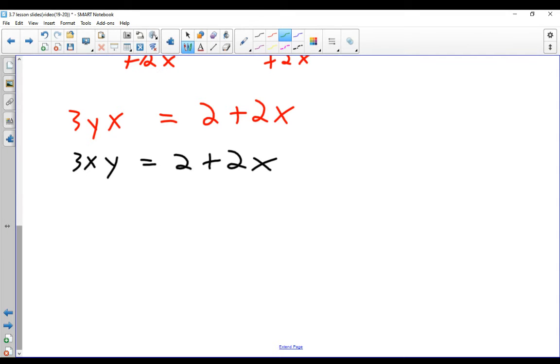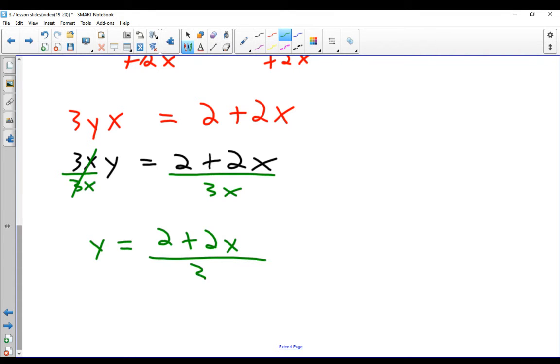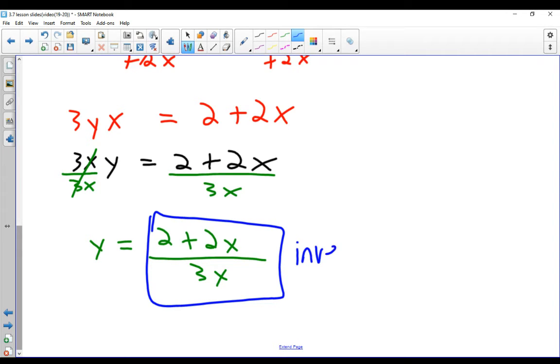But now, to get the y alone, I can just divide by 3x on both sides. And thus, y is equal to 2 plus 2x, all divided by 3x. Boom. Your y is by itself. You have your answer. You have your inverse. Done.